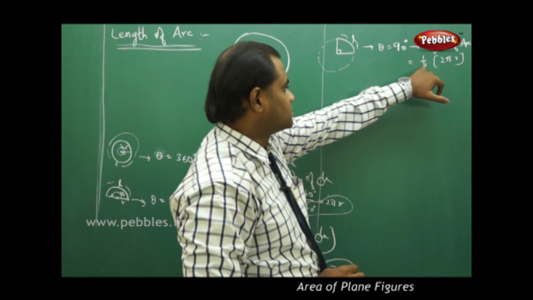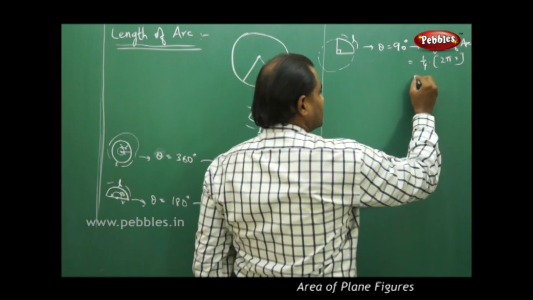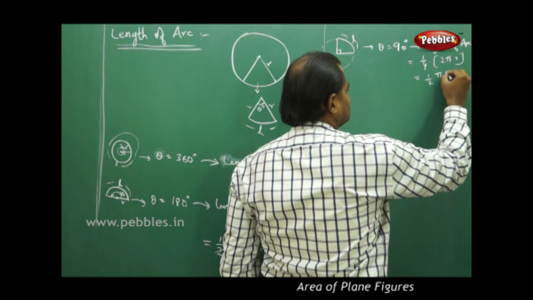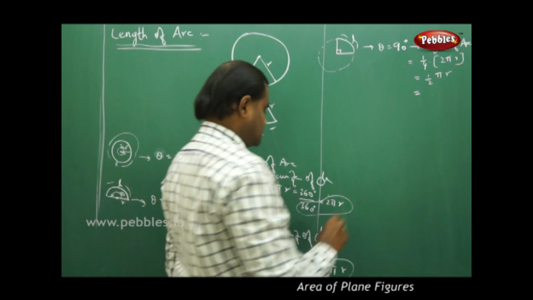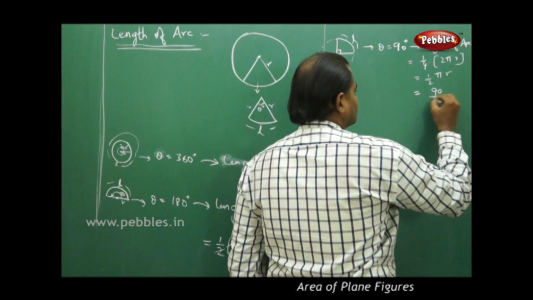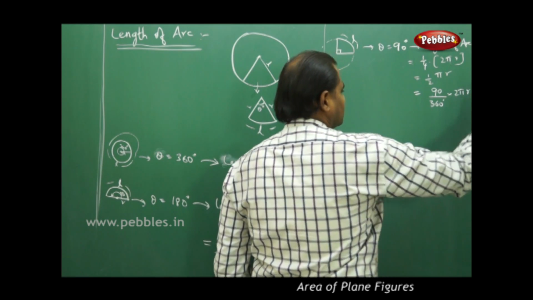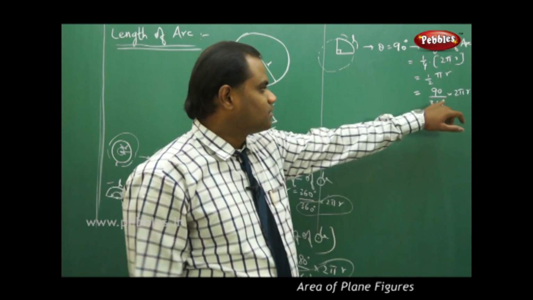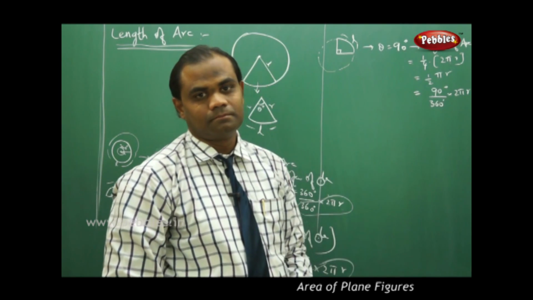So that's the reason I get 1/4 of circumference of circle, which is 2 pi r, so that I get this as 1/2 times pi r, and this in conjecture can be written as 90 by 360 into 2 pi r. This on simplification gives me 1/2 pi r.